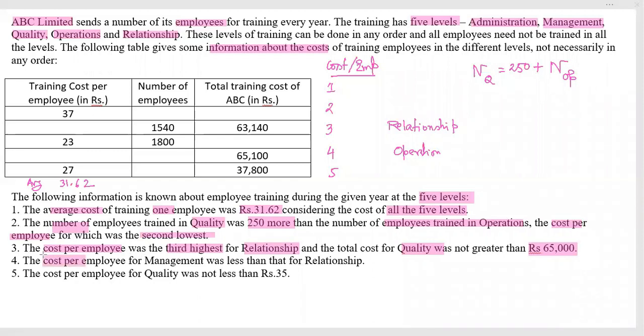Cost per employee for management was less than that of relationship. So if management was less than relationship, it should be here.